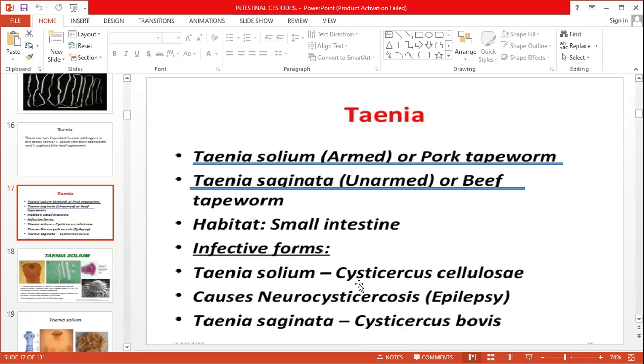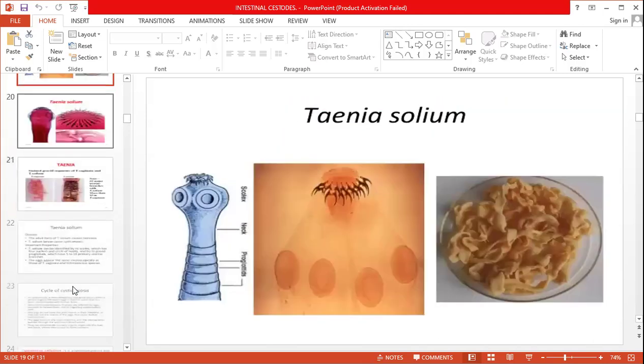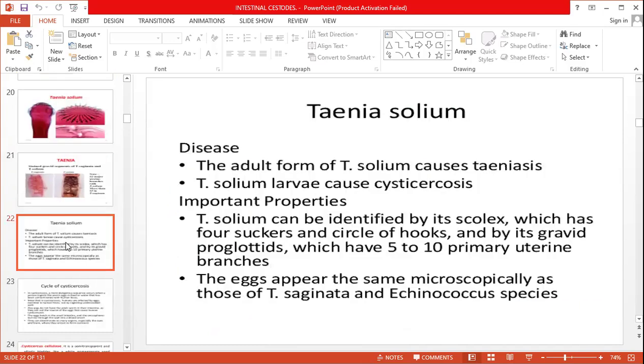The larval form of Taenia solium is known as Cysticercus cellulosae, and it causes neurocysticercosis and epilepsy. The larval form of Taenia saginata is known as Cysticercus bovis, and it is found in cattle. It looks like this. The adult form of Taenia solium causes taeniasis, and the Taenia solium larva causes cysticercosis.